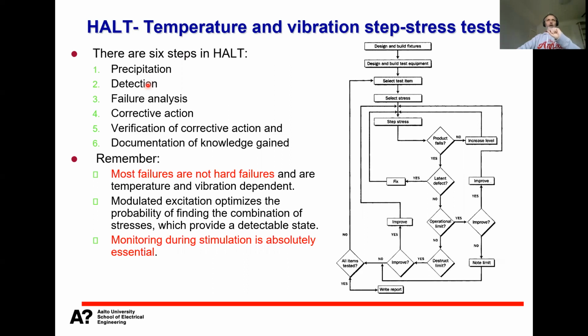If we have a failure, we ask what the failure is. Then we analyze the failure so that we can correct it. Then we redo the test and see that our corrective action was correct. Then we document it. We run this loop again and again, and then we can be sure that our product is robust enough.